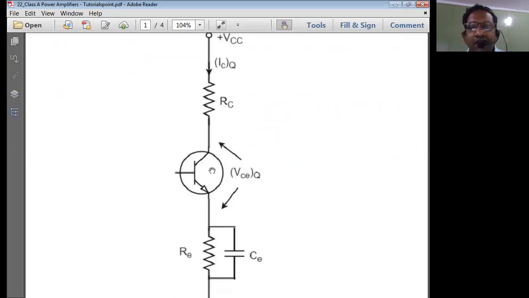The difference is that the ordinary transistor is replaced with a power transistor, where the effective area of the transistor used is going to be larger than the area of the transistor used in ordinary transistor conditions.